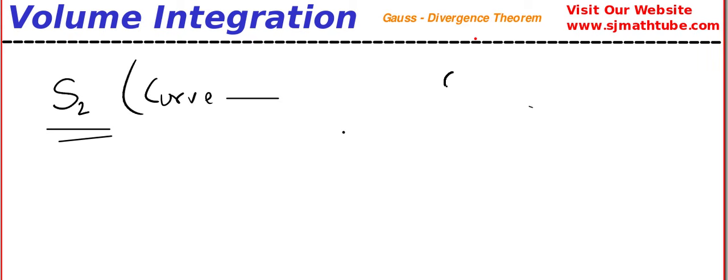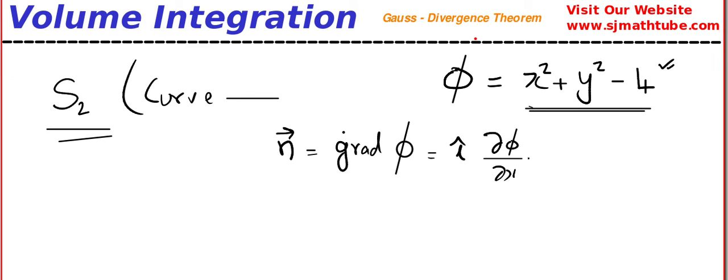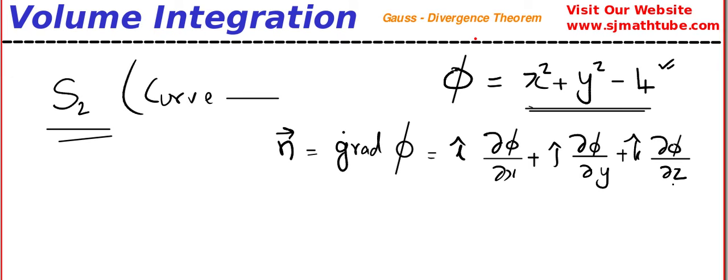So let's write S2, the curved surface. The curve is given by x squared plus y squared minus 4. You might remember how we make the curved surface into a function. So we took the cylindrical surface. Now I am going to calculate grad phi. Grad phi means the normal vector, and that will be i partial derivative of phi with respect to x plus j partial derivative of phi with respect to y plus k partial derivative of phi with respect to z.